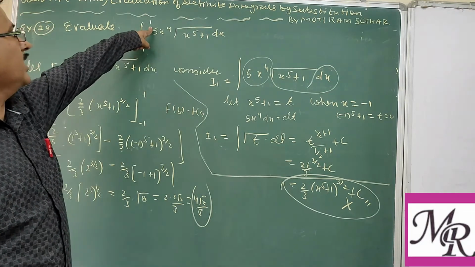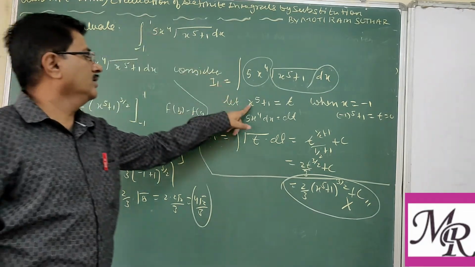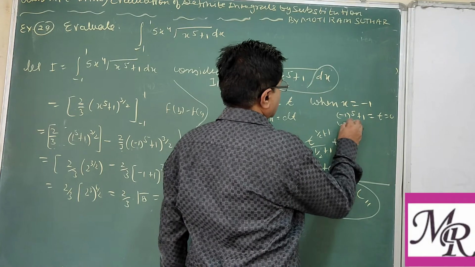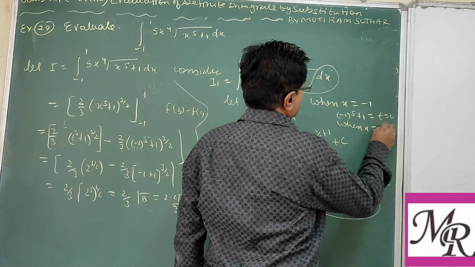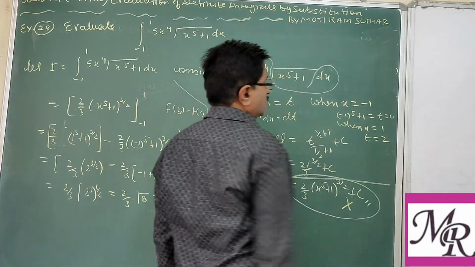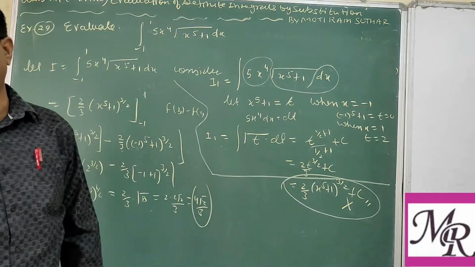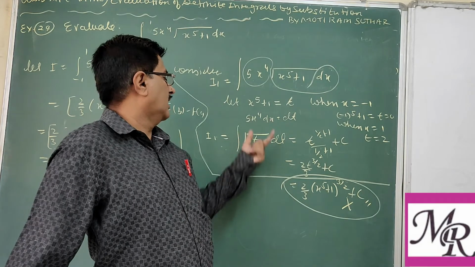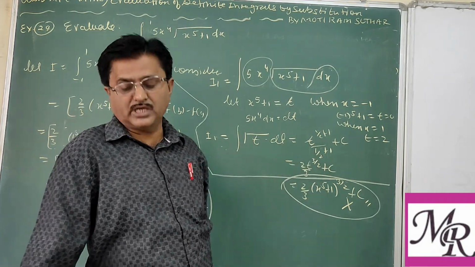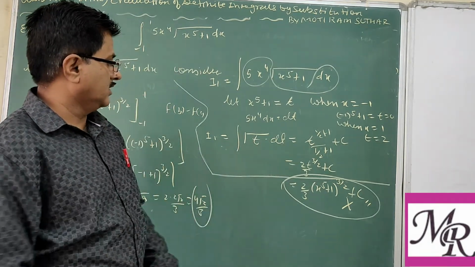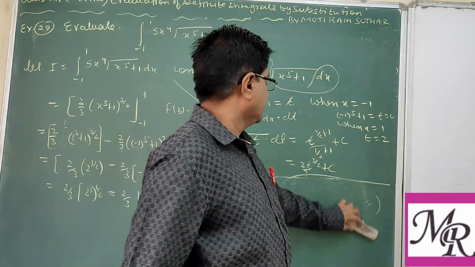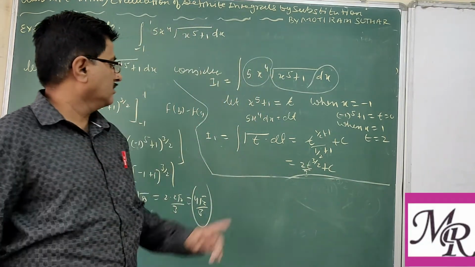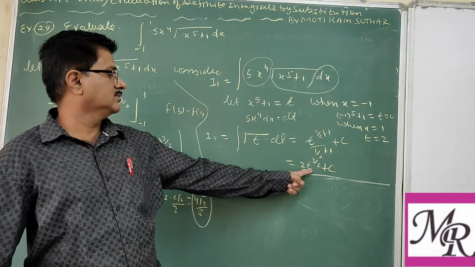Similarly, for the upper limit, x equal to 1, t equal to 2. So these are the new limits. Clear? So when you change the variable in the integral, the limits also change. So see, here we have to solve up to this point. Then I1 equals like this, integral of root t.